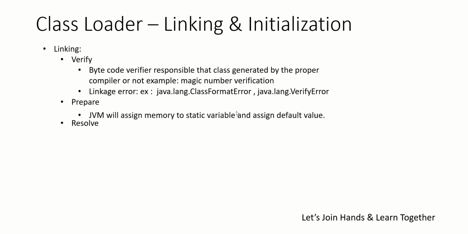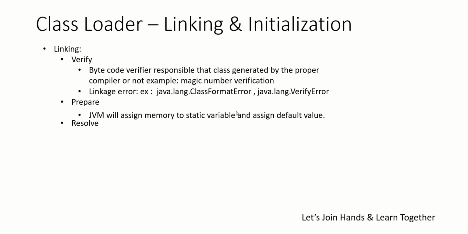Then the next phase is called the prepare phase. In this prepare phase, the JVM will allocate memory to the static variables of the class. It will only allocate memory and assign the default value. It won't initialize with the exact or original value that was defined.